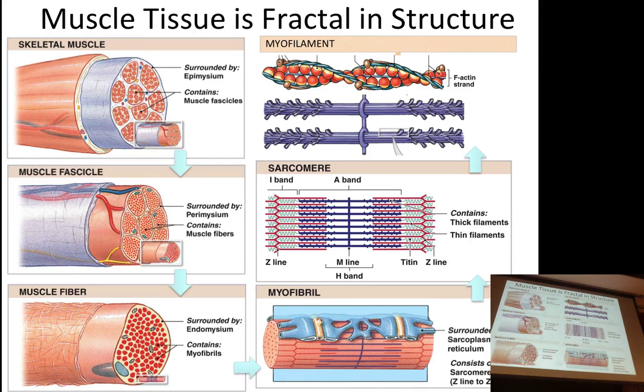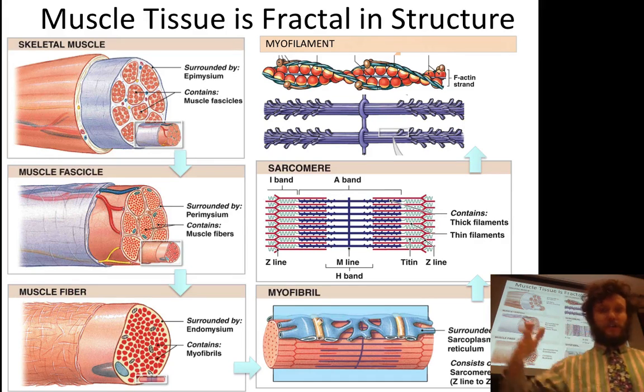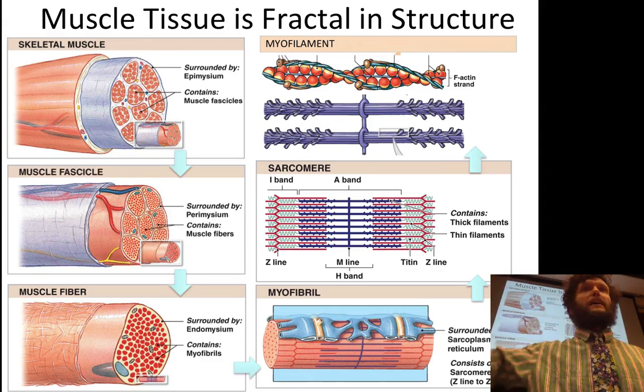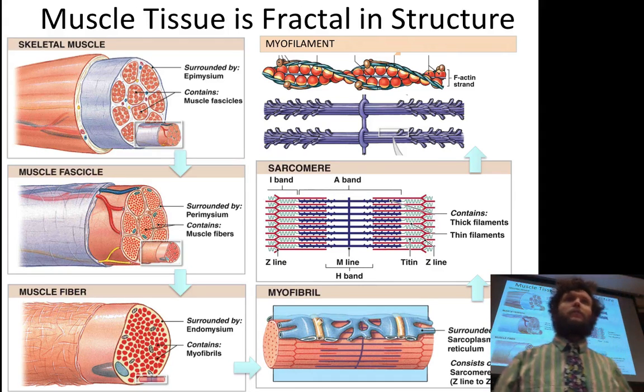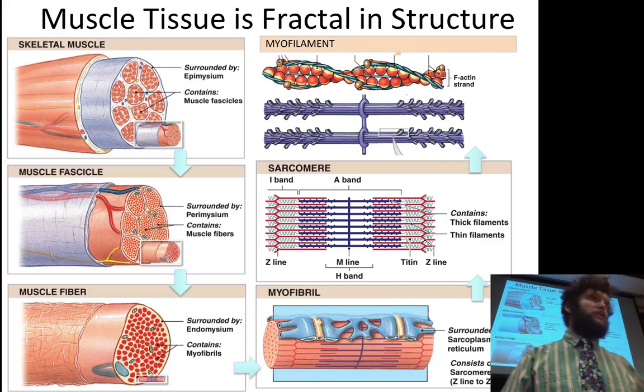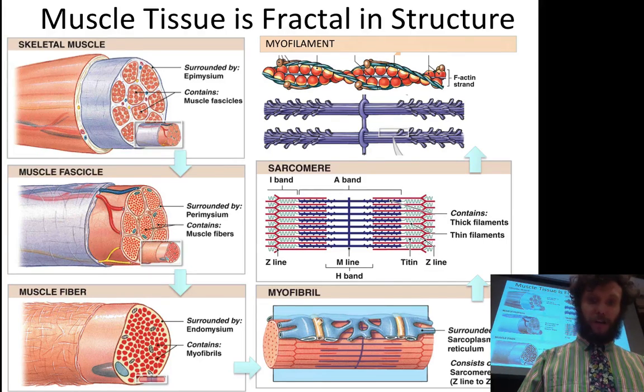A myofibril is a big bundle of myofilaments, which is surrounded in a sleeve of sarcoplasmic reticulum. A sarcomere is made up of these myofilaments of actin and myosin. So there is this sort of cascading pattern from the microscopic to the macroscopic in a muscle that I find kind of interesting.